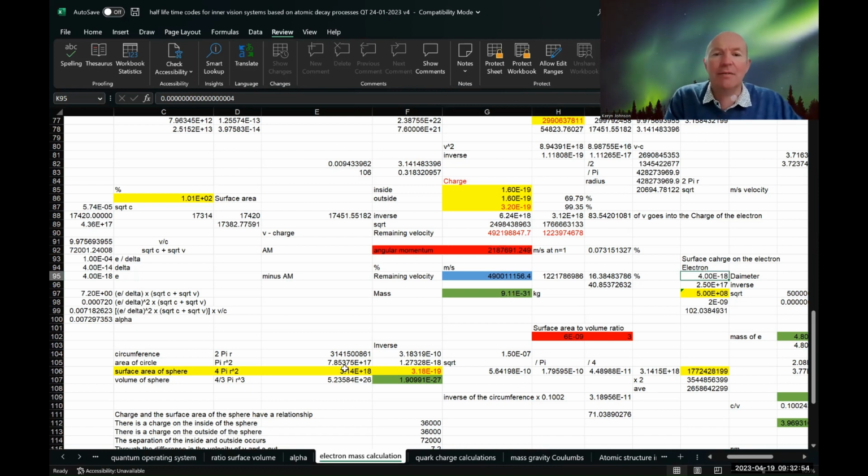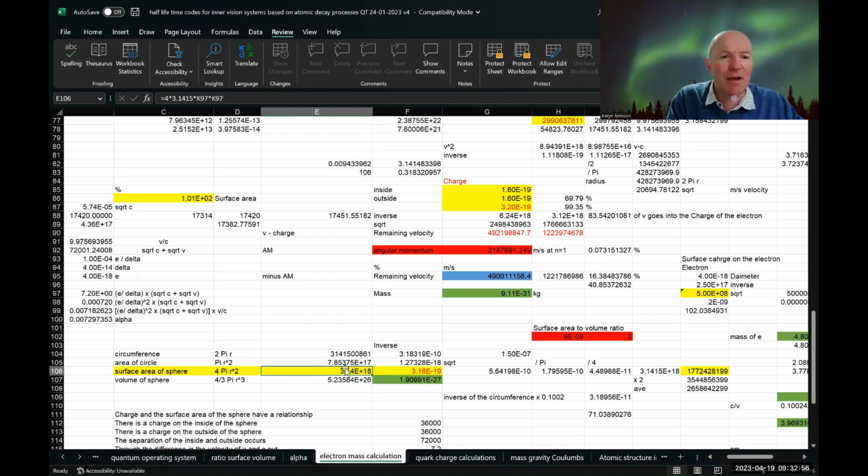And here's the weird stuff for the surface area of the sphere: 4 times pi times r squared, with r being, in this case, 5e to the plus 8. And what I'm getting is 3.14e to the plus 18.